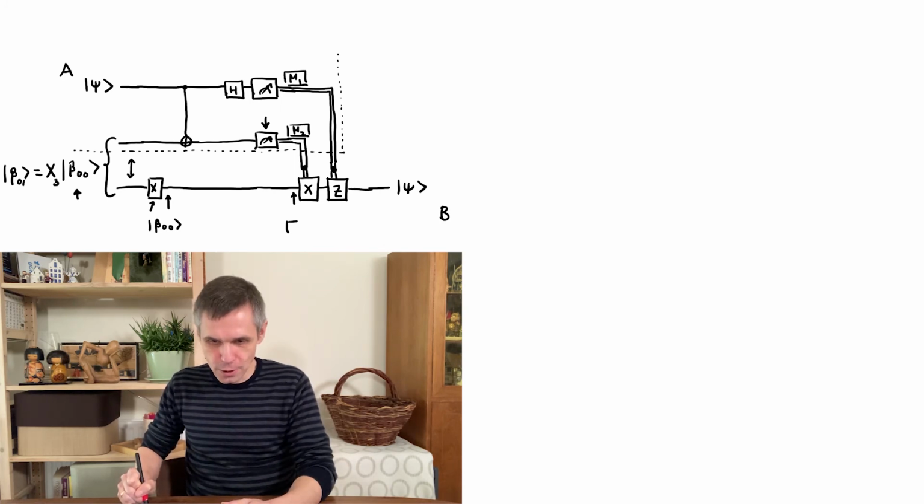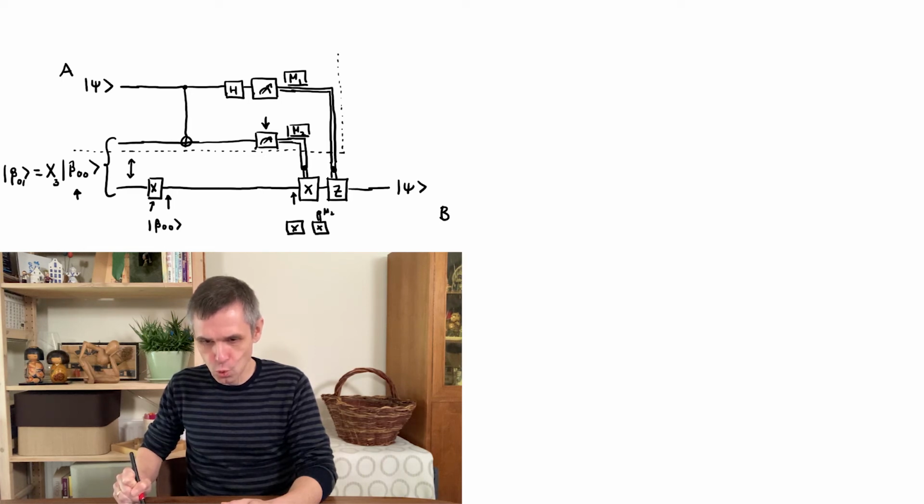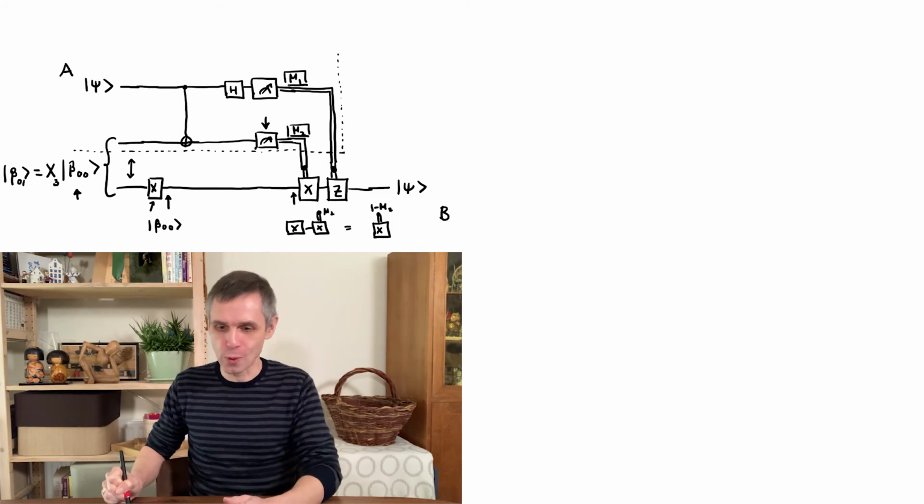And now the combination of this X gate here and the classically controlled X gate that just follows, which is controlled by M2, is just the same as just applying this classically controlled X gate, but always when M2 is actually 0 and not 1.